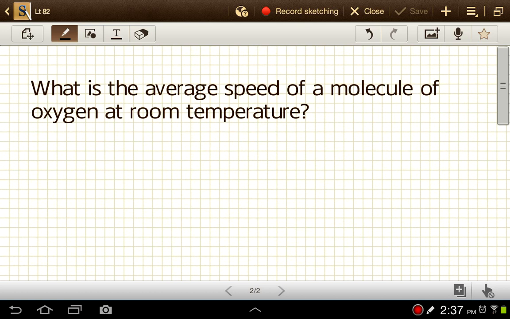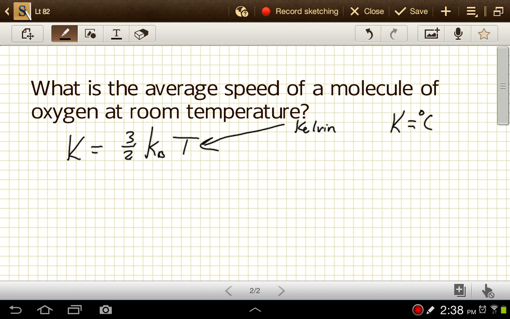Okay, so our equation: K is equal to 3/2 times Kb times T. Now T, the temperature, has to be the absolute temperature, or the temperature in Kelvin. The conversion equation, if you don't remember, is the temperature in Kelvin is equal to the degrees in Celsius plus 273, roughly.